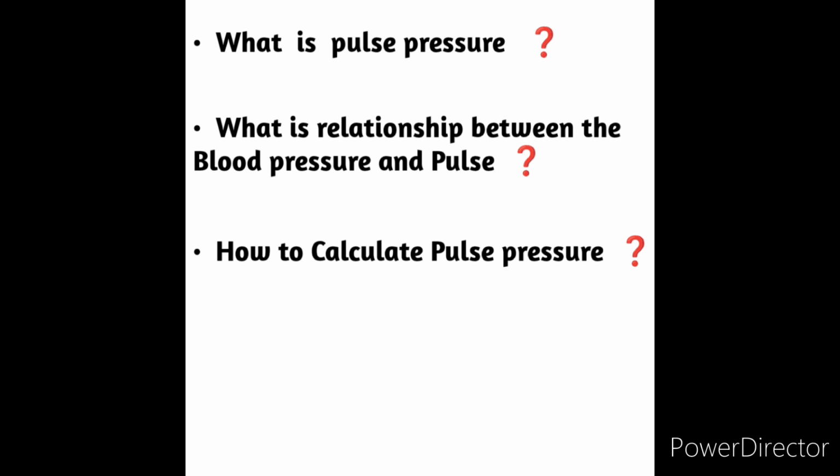What is the relationship between blood pressure and pulse rate? The relationship between heart rate and blood pressure is location dependent. As discussed above, there is a direct relation between heart rate and peripheral blood pressure.